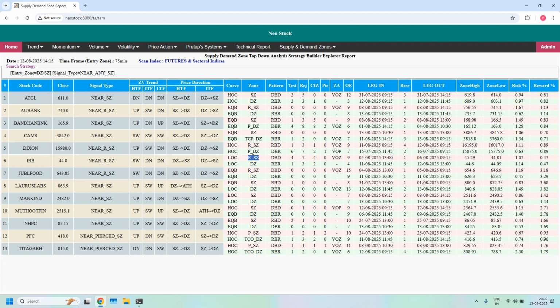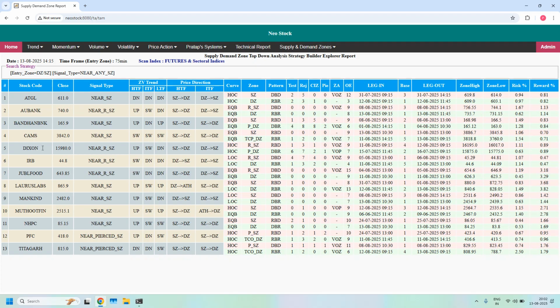Next, IRB is having a 75 minutes high liquidity supply zone. Next, Jubilant Food is having a 75 minutes high liquidity supply zone. That's it. We identified 4 75 minutes high liquidity supply zones from this list.